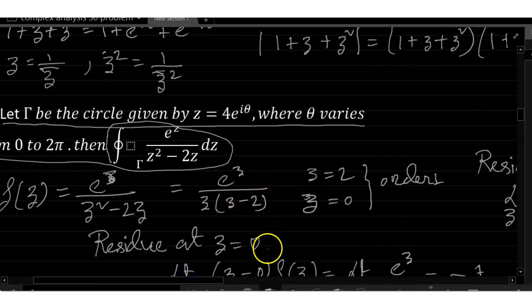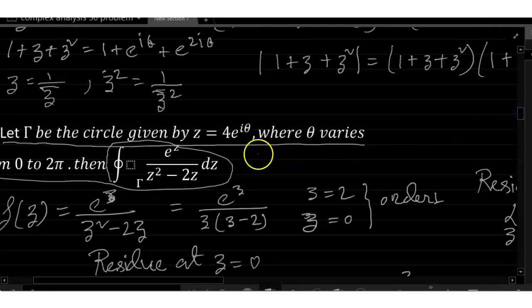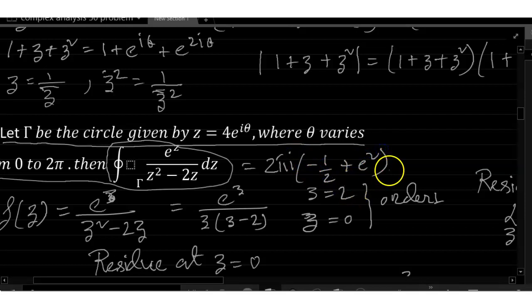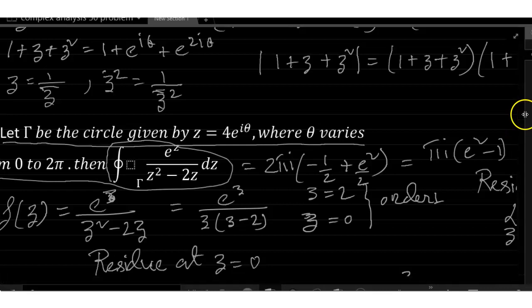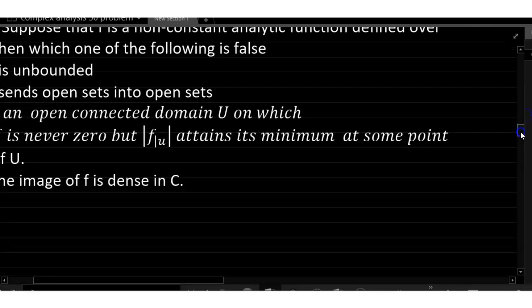So whatever I get, minus half plus e square by 2, is my value. So I can write this value is 2 pi i by Cauchy's theorem times minus half plus e square by 2, which can be written as pi i (e square minus 1).